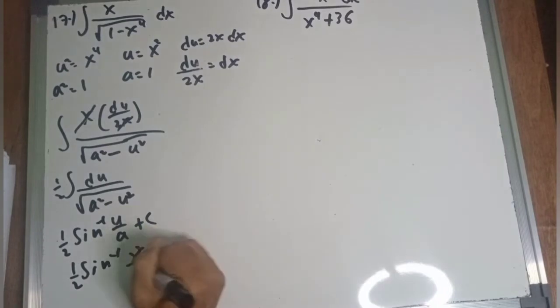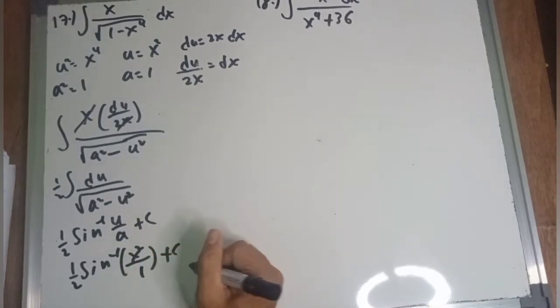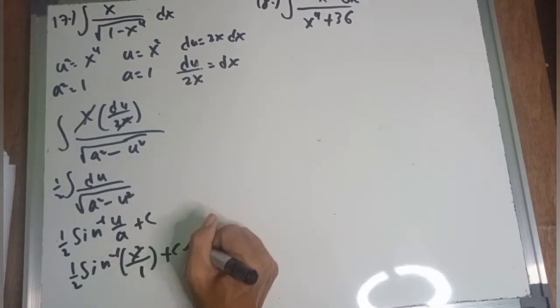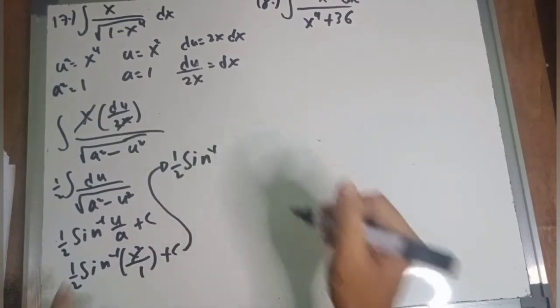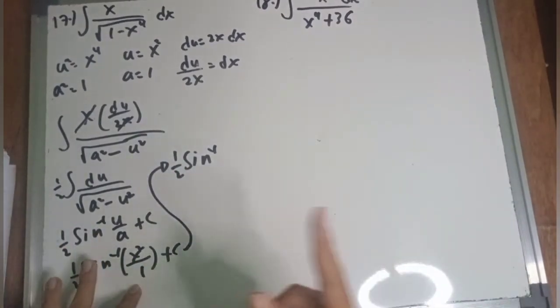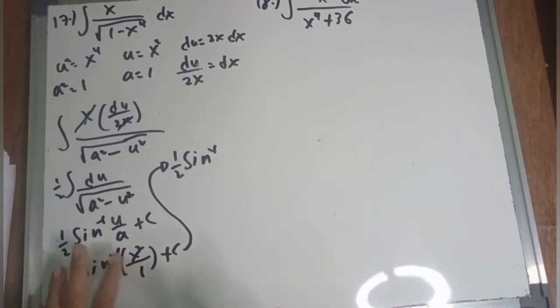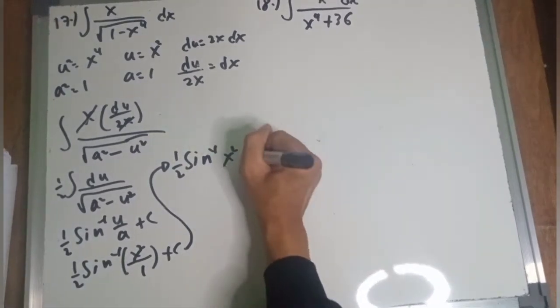So x squared divided by a, and the a is 1, plus c. So the final answer is 1/2 inverse of sine of x squared divided by 1, which is x squared because the denominator is 1. Any variable divided by 1 is the original expression, so x squared, plus c.